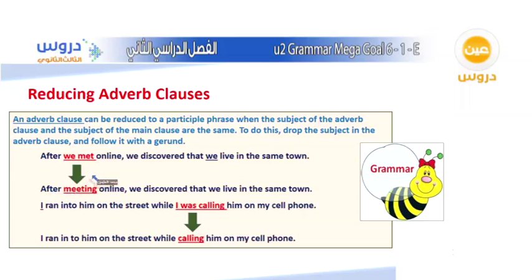How do we make it a participle phrase? We drop the subject we and we add ing to met. After meeting online, we discovered that we live in the same town.